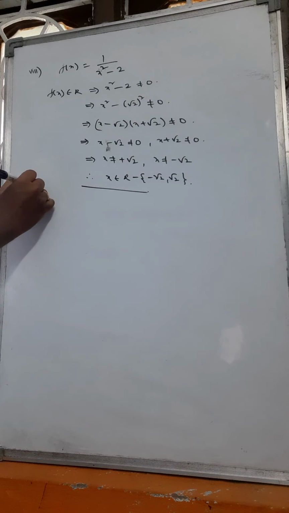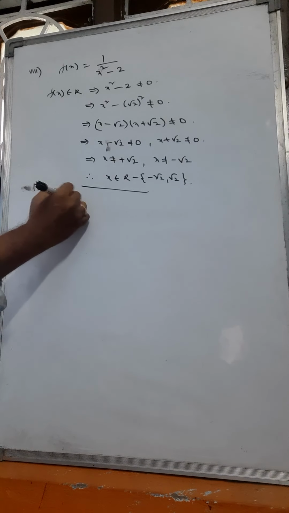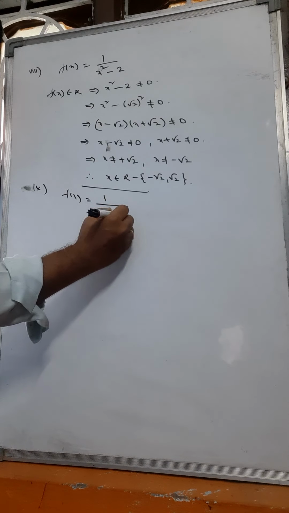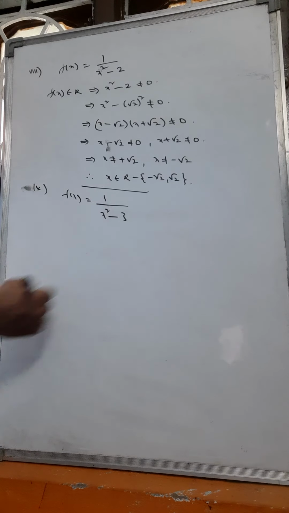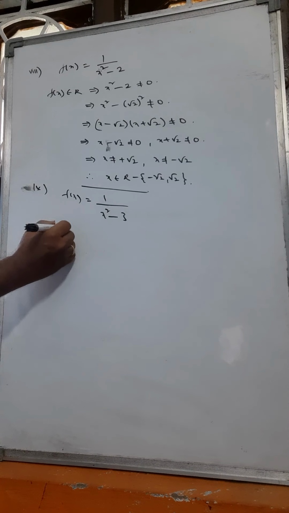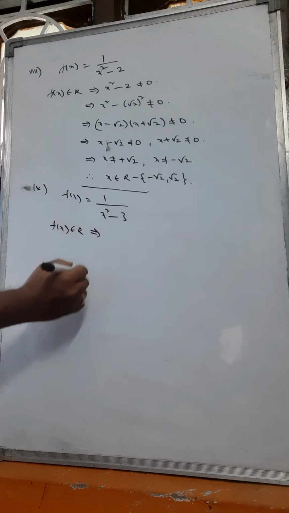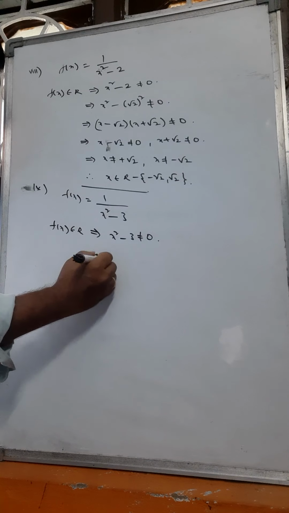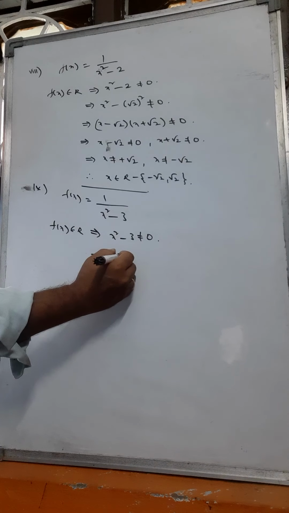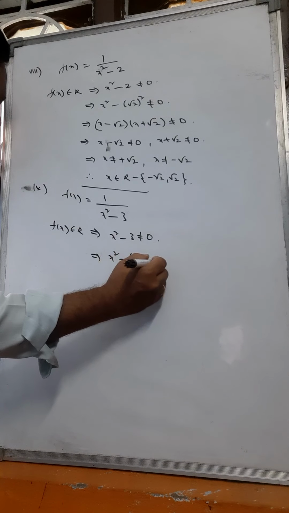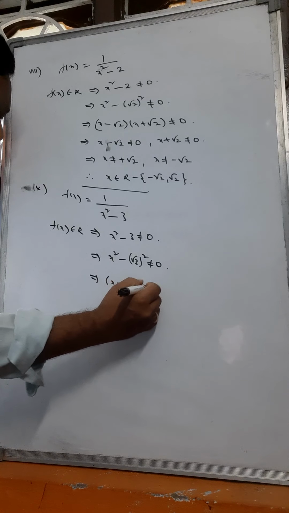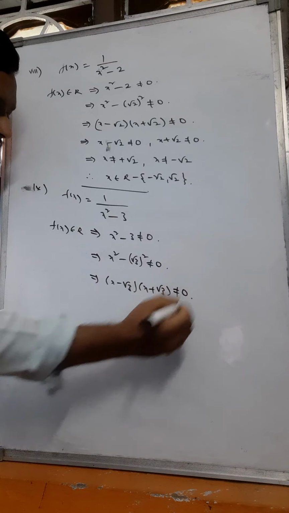Next, ninth question, f of x equal to 1 by x square minus 3. So f of x belongs to R, so x square minus 3 is not equal to 0. So that means x square minus root 3 whole square is not equal to 0. So that is (x minus root 3) into (x plus root 3) is not equal to 0.